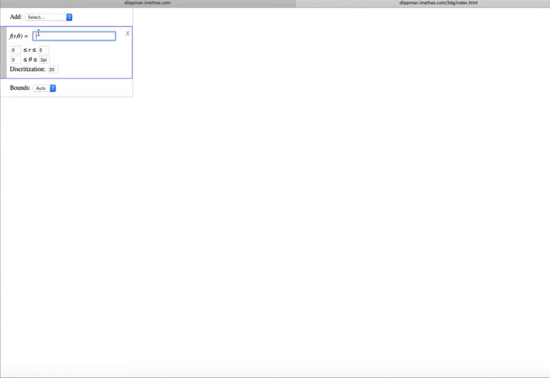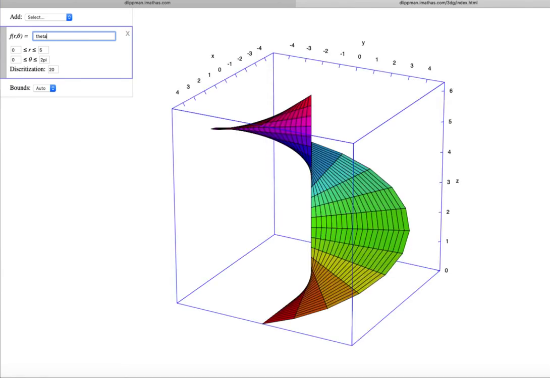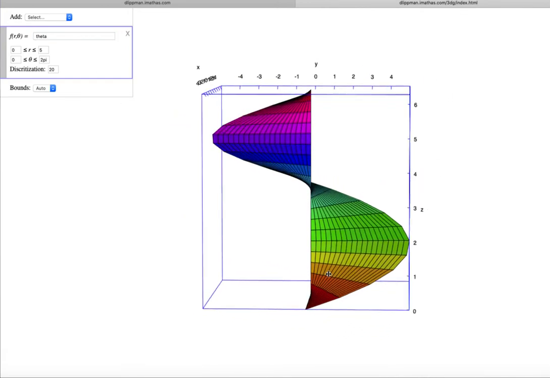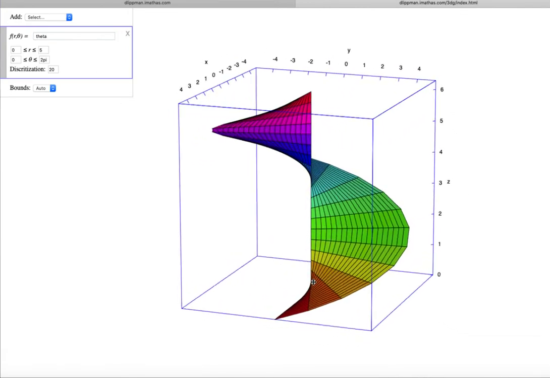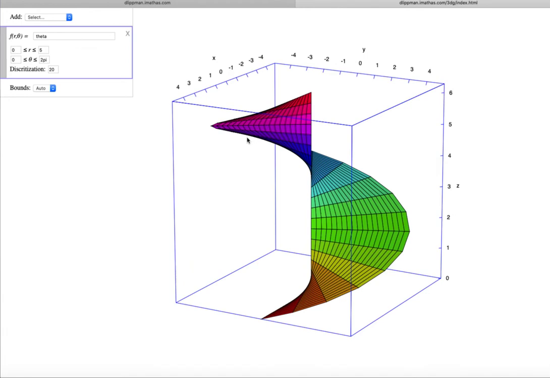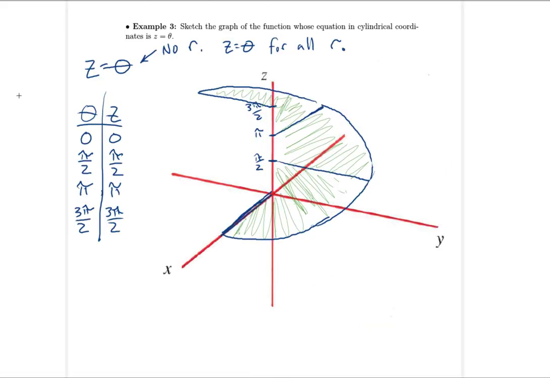So if I select that one, then I can just type in theta. And I do that just by typing the word theta in, and look, there it is, right? There's our parking garage that's climbing and climbing and climbing as I go. So kind of a cool example there.